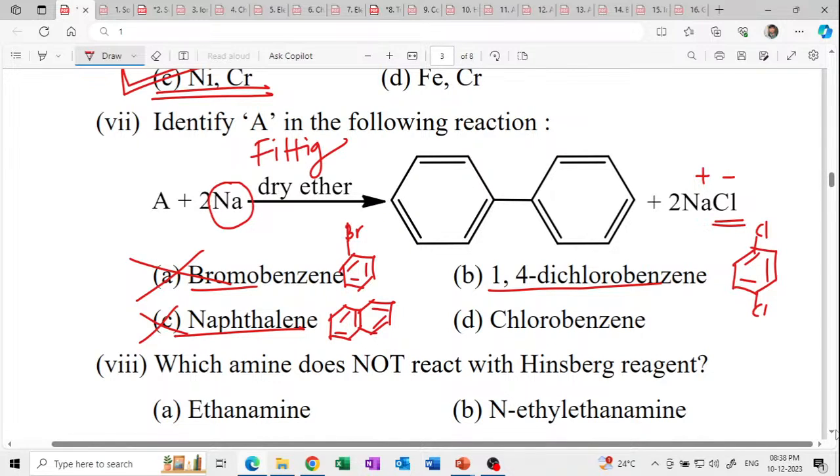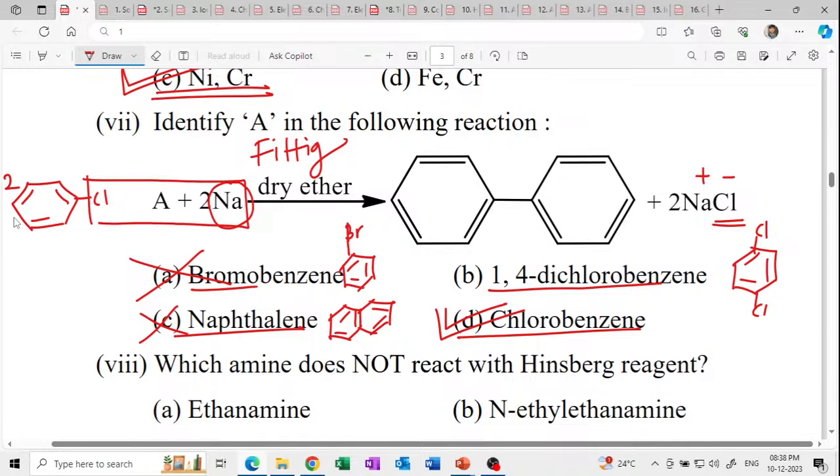So this is your answer: A should be chlorobenzene. Taking chlorobenzene, there are two benzene rings with chlorine. Sodium plus Cl is removed, giving twice sodium chloride. So it is the formation of the biphenyl compound. What is the product of the Fittig reaction? The Fittig reaction has the product biphenyl.